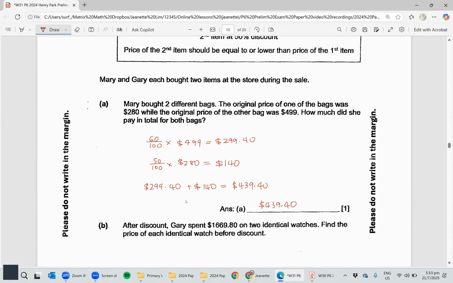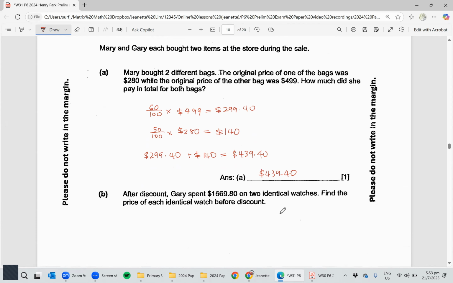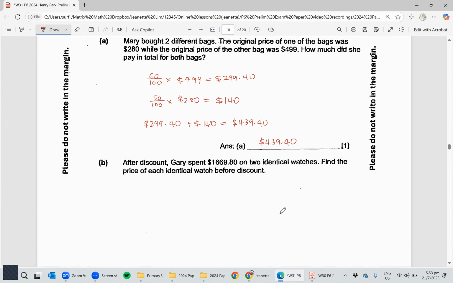For part B, after discount, Gary spent $1,669.80 on 2 identical watches. Find the price of each watch before discount. Okay, if there's 2 watches, they are both at equal price, right? The discount on both will be different. So let's say original price is 100 units. Okay, let's use units.